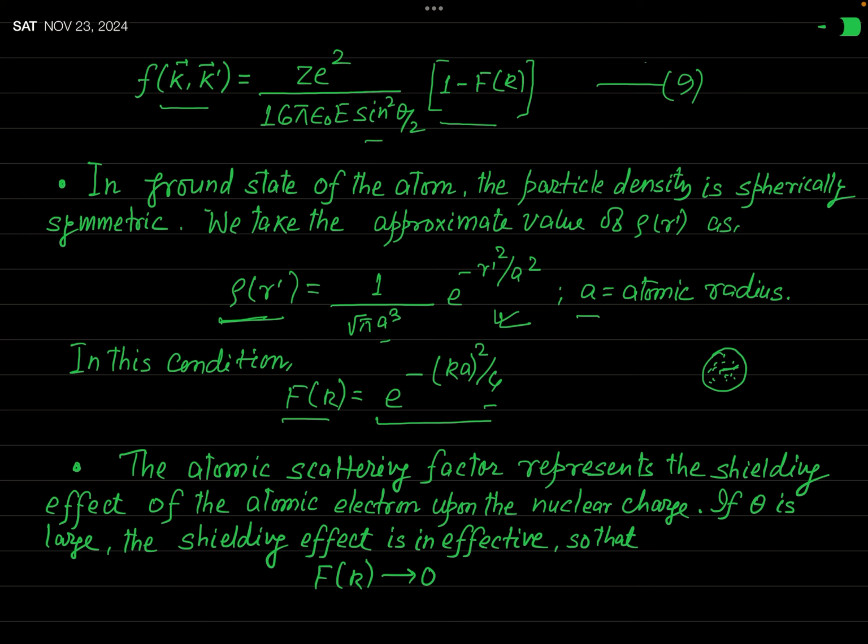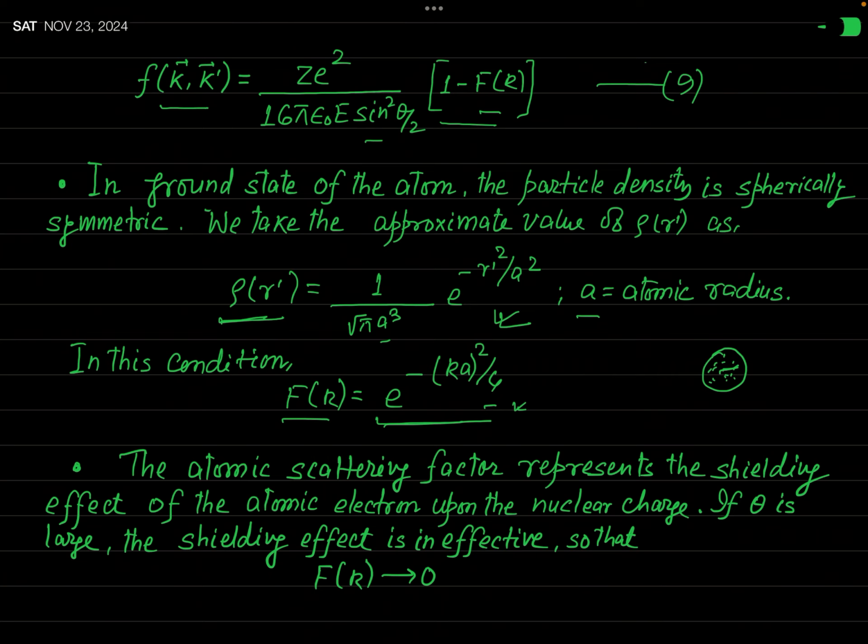Now we have obtained the value of this f of kappa, and you can put this value of f of kappa here. But before that, let us see what this atomic scattering factor actually represents.